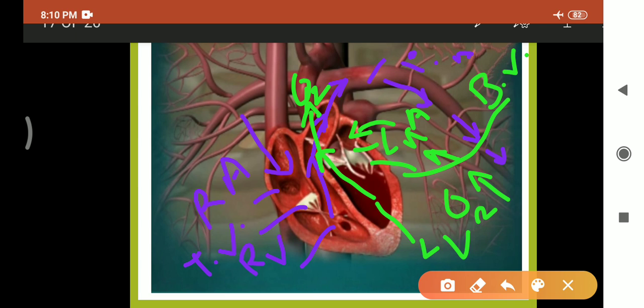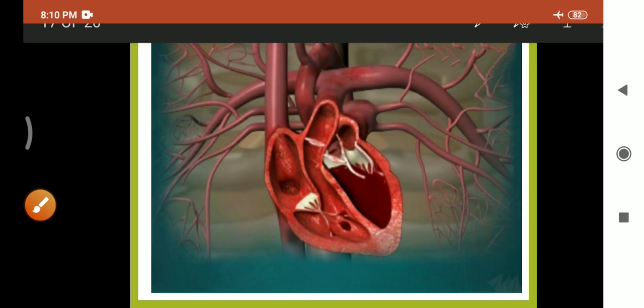This oxygenated blood is supplied all over the body with the help of the aorta. So this is the procedure for the oxygenation and deoxygenation of the blood, right? I hope this concept is clear.